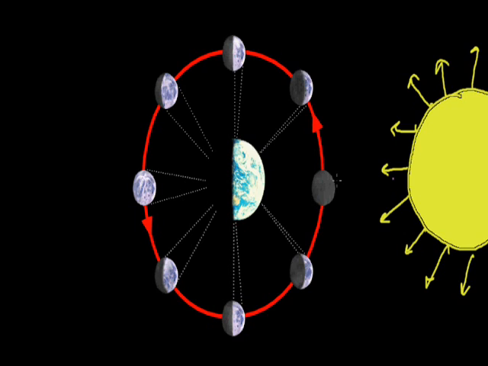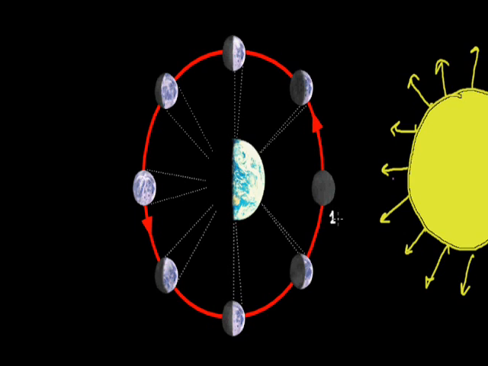Now, in this case, when the sun is just in front of the earth and the moon is in between the earth and the sun, the portion of the moon's surface which is in front of the sun cannot be observed from the earth.